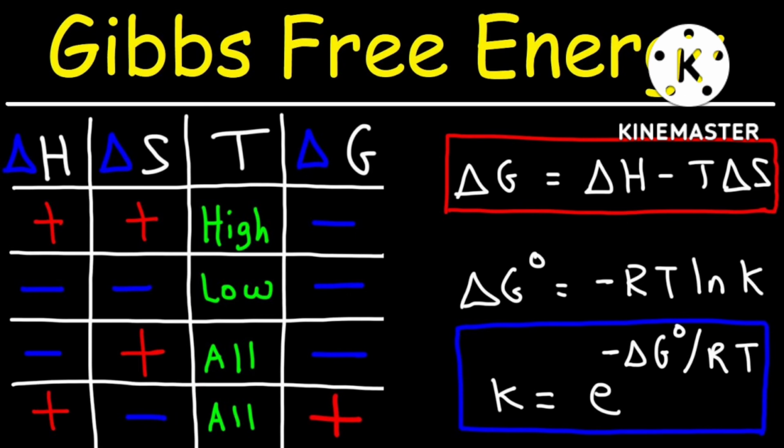Product side 1 mole and reactant side half mole remaining at equilibrium, so 1.5 moles at equilibrium. For the reactant and the product the total is the same. So mole fraction of NO2 is 1 divided by 1.5. How 1.5? I told you: product side 1, reactant side 0.5.